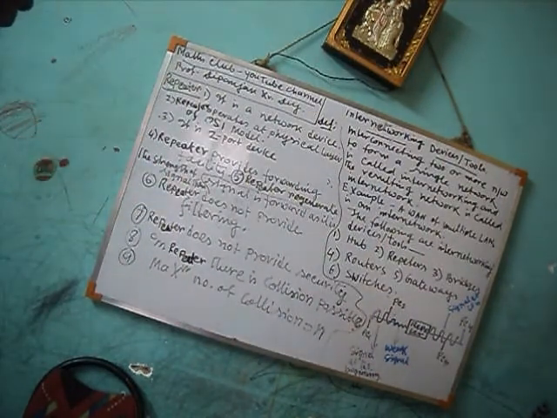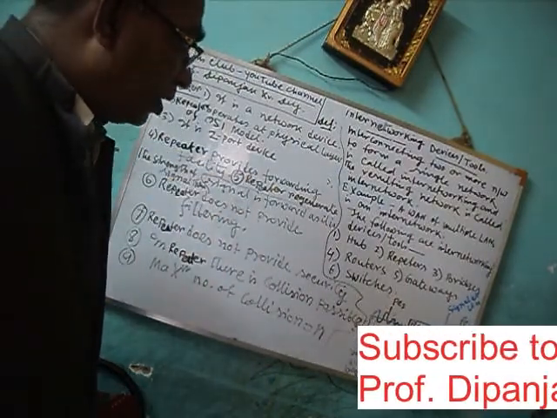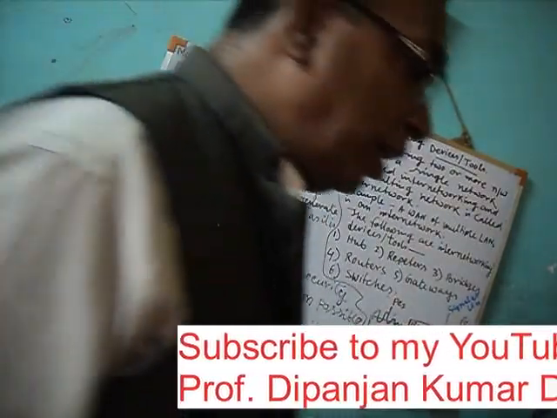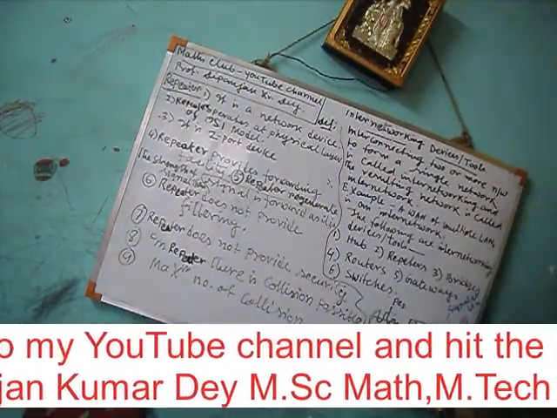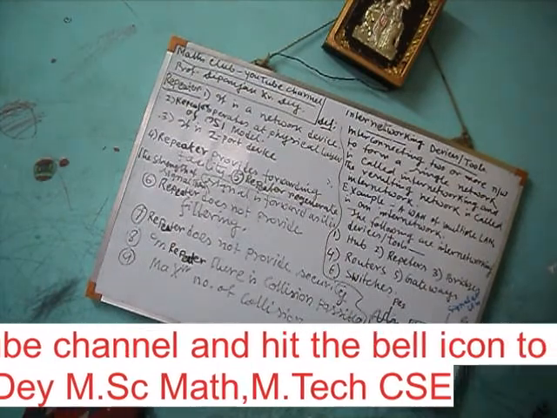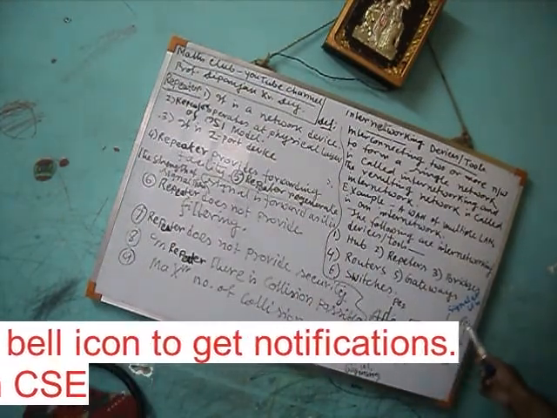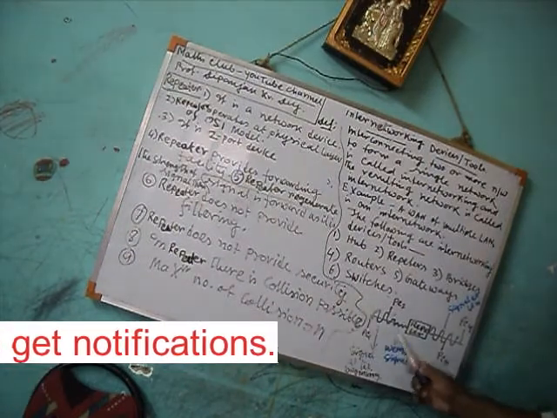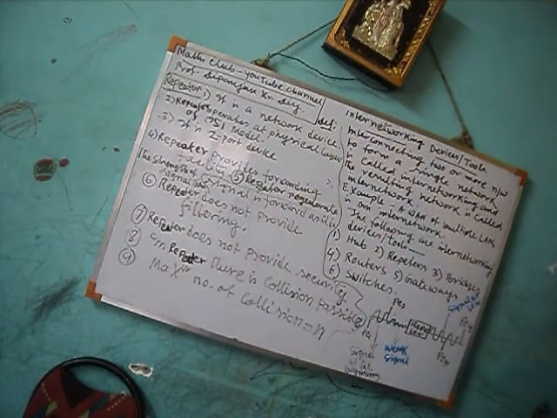Repeater provides a forwarding facility. Forwarding facility means, suppose this is a repeater. There are four stations connected, PC1, PC2, PC3, PC4, through this repeater.